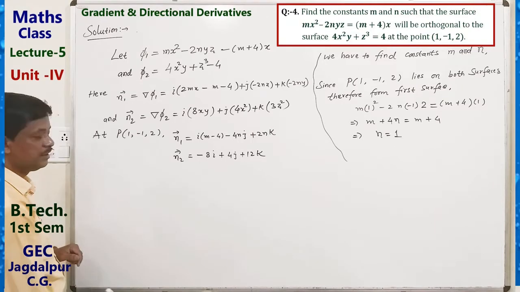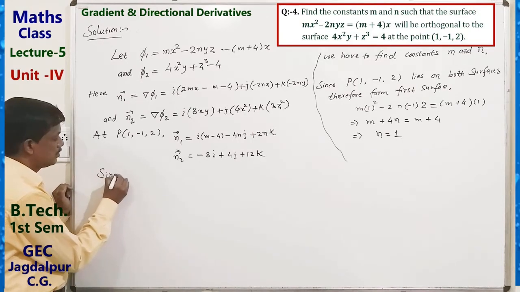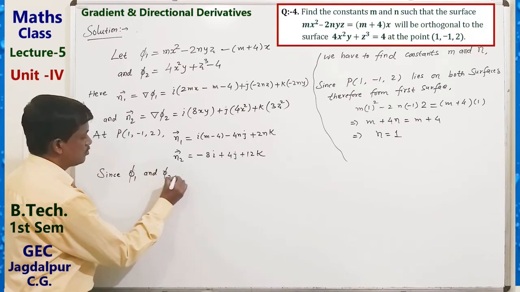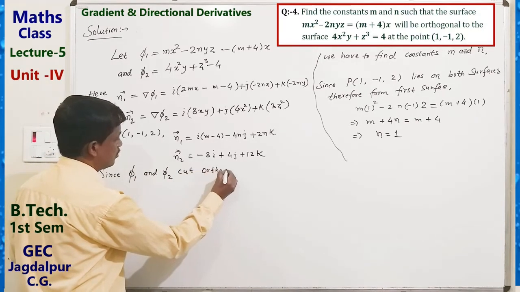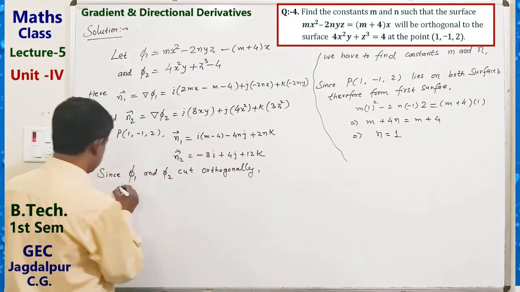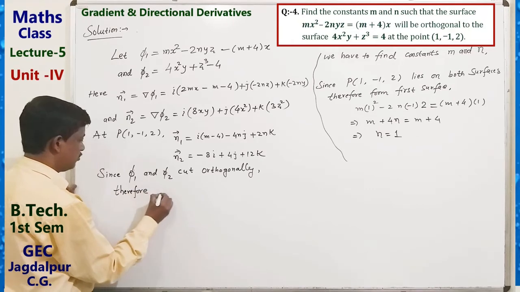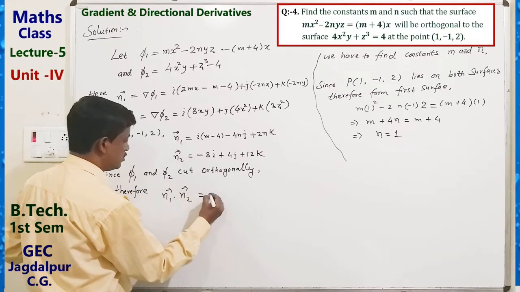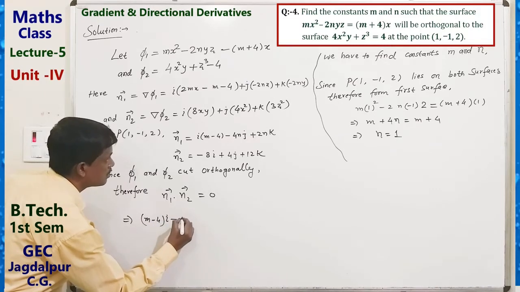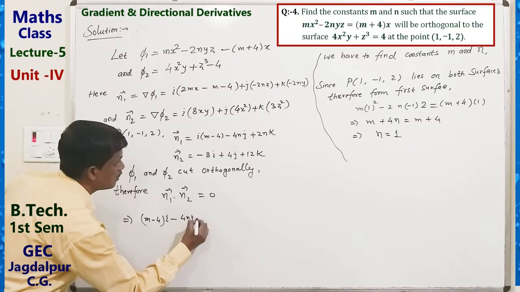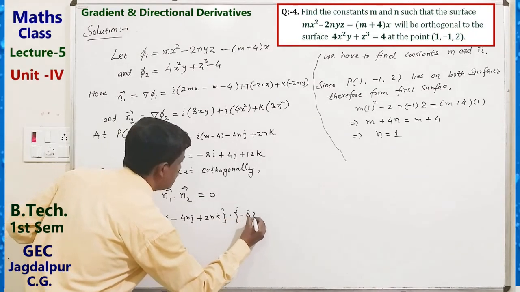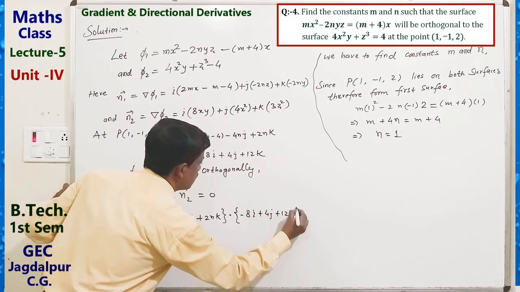Okay, since phi 1 and phi 2 cut orthogonally, therefore n1 dot n2 equals to 0, implies n1 (m minus 4) into i plus minus 4nz plus 2nk, this dot minus 8i plus 4j plus 12k equals to 0.